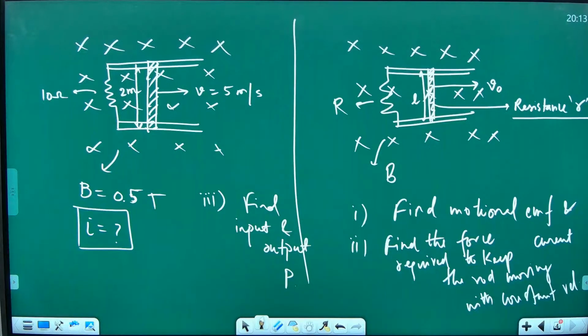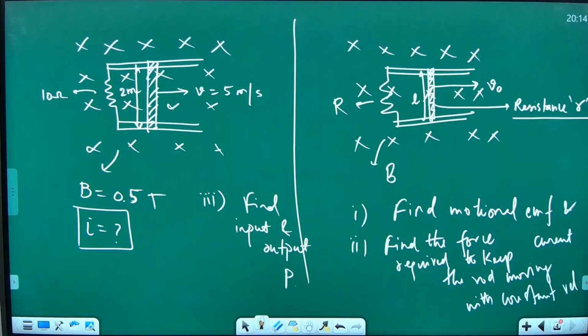No mistake is there in that. Check your answer once again. BV square? Still wrong. Sir, tell me again.